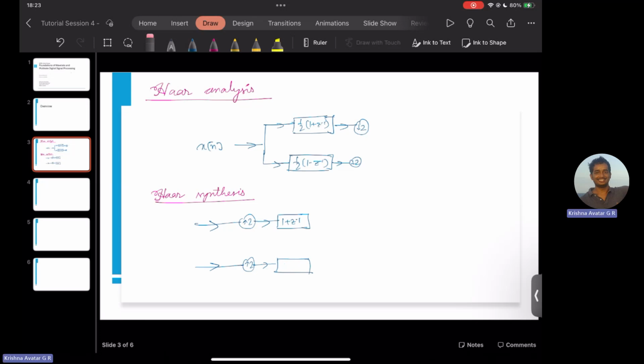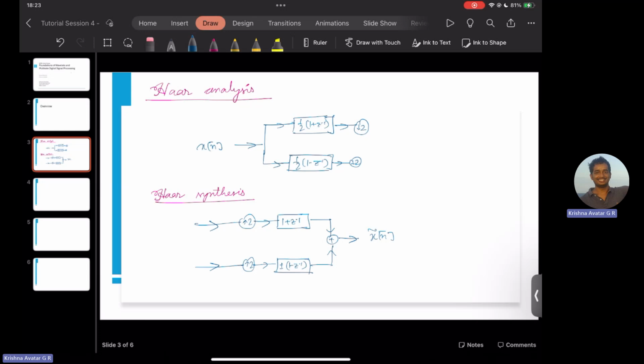However, in this case, we have certain ambiguity with respect to where we should start. Should we add the 1 minus Z inverse component one step before or after that of the 1 plus Z inverse component, right? And then we just add them up, and this is what gives us our signal. So we retrieve some signal, maybe x-hat, right? So there are the two components of this.